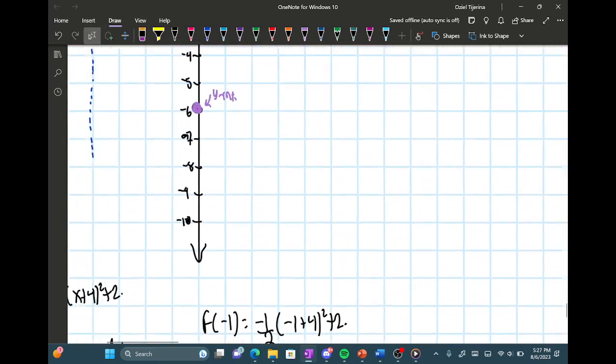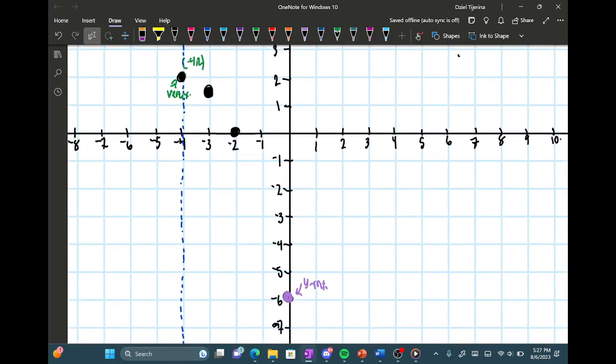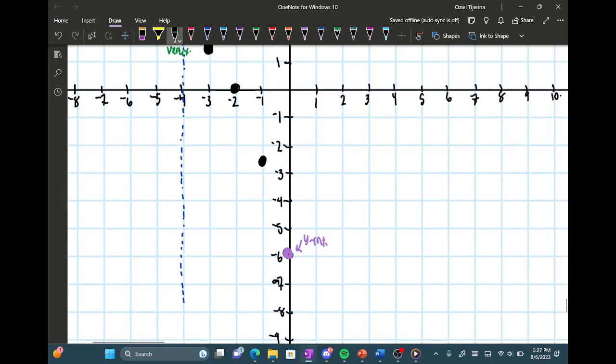So when x equals negative 1, y equals negative 2.5. So it's about right here. Actually, I'm sorry, it's actually over here. So this would be at negative 1, comma negative 2.5.